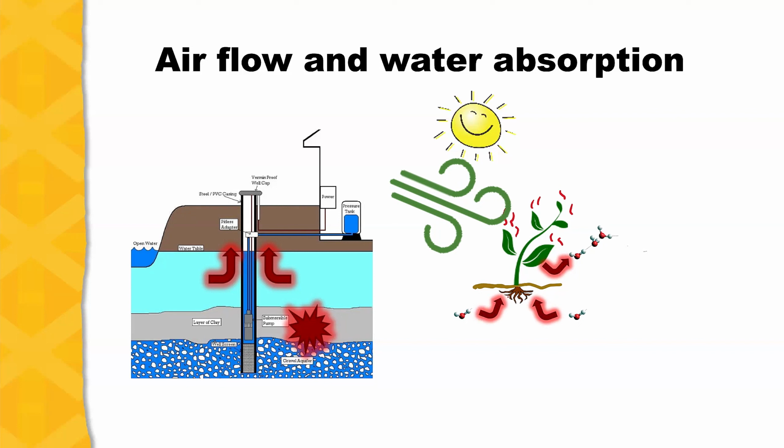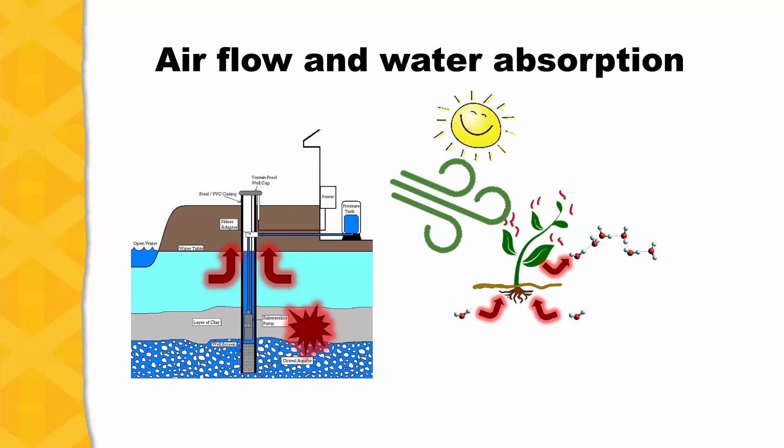So the air keeps pushing those water molecules, and it keeps pulling water molecules from the soil. That's the force. That's the energy that moves water through the plants. That's the active way of plants moving water.